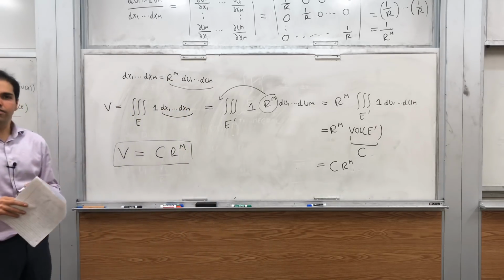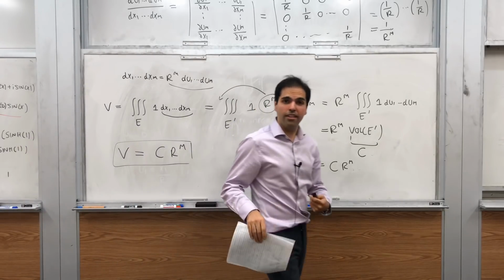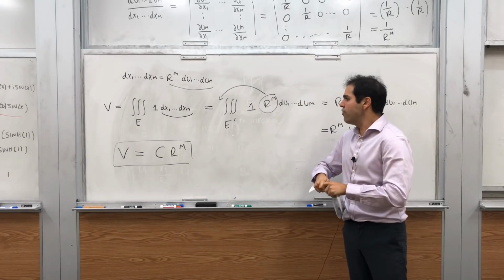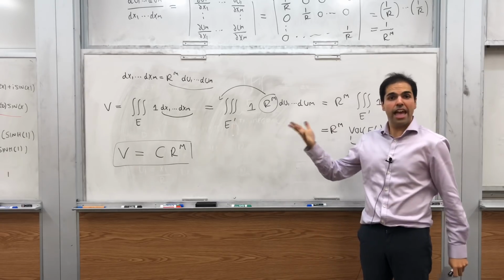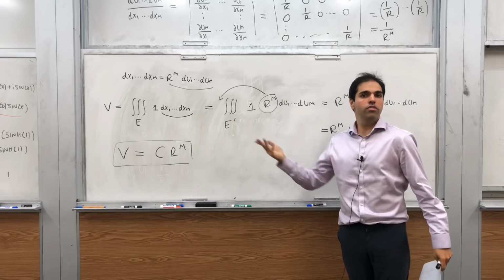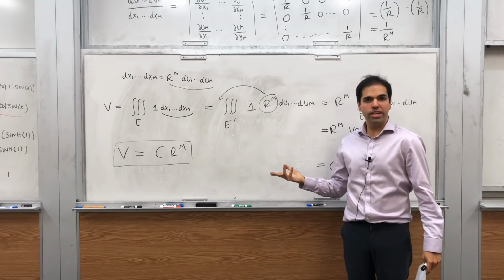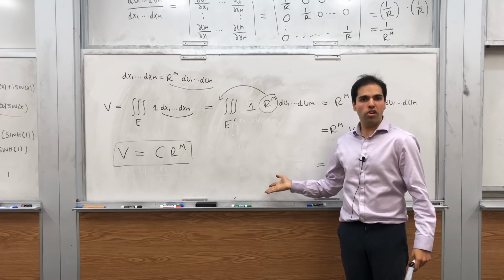And that's one side of the story. In other words, what I'm telling you is that the volume of a disk, or I guess the area of the disk, is something times r squared. So in fact, pi r squared. The volume of a ball in R3 is just something times r cubed.